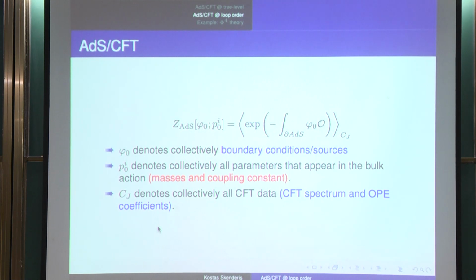Okay, so let's first start, what is the statement of the duality? Now I'm restating again what I stated at the beginning, but now it's going to be a little bit more general. So this is the statement of the duality to all orders. So now let me unpack it. So phi naught, as earlier, denotes collectively all boundary conditions and sources, so it appears on left and right hand side.